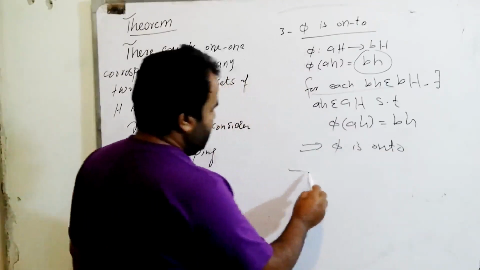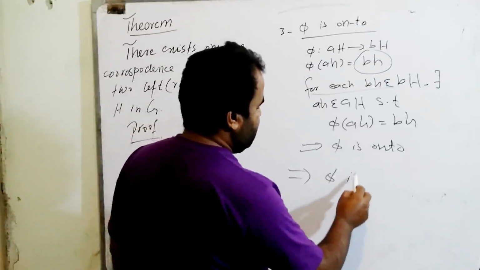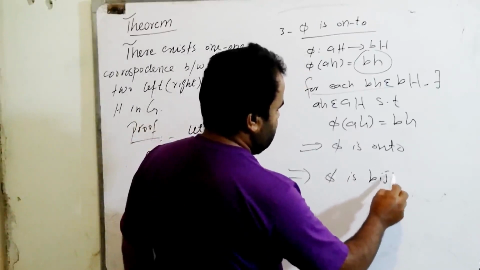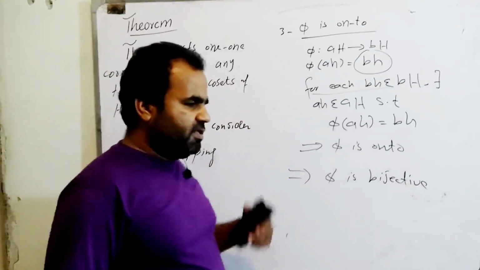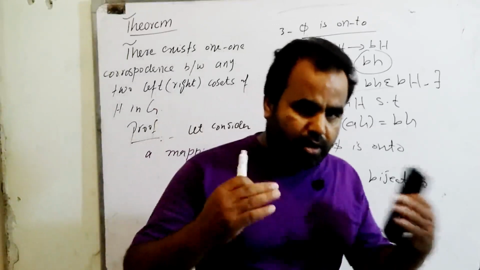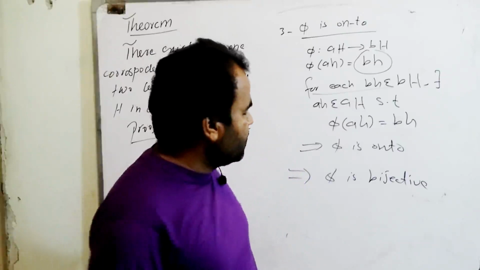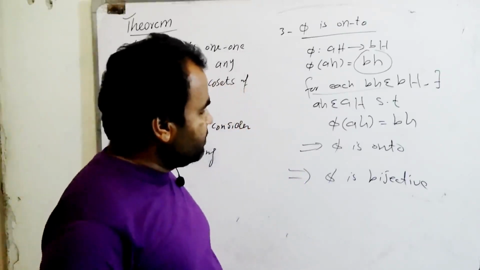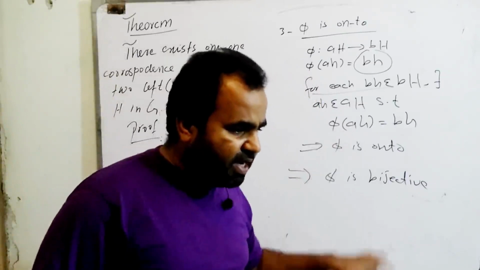So if phi is one-to-one and onto, then phi is bijective. Any function which is one-to-one and onto is called a bijective function. So phi is bijective, one-to-one, onto, and well defined.